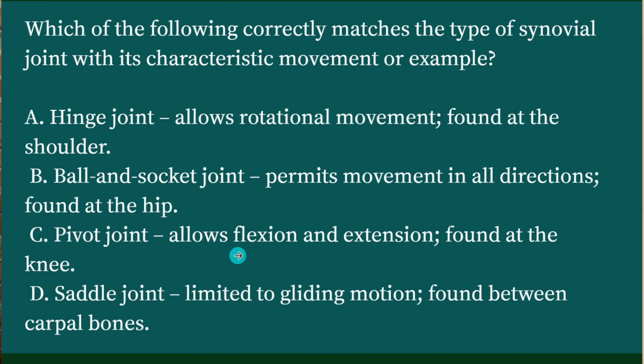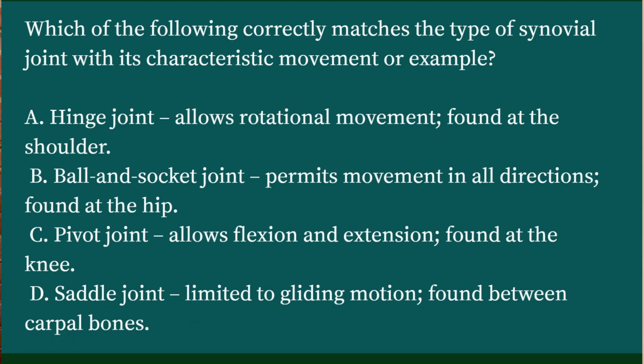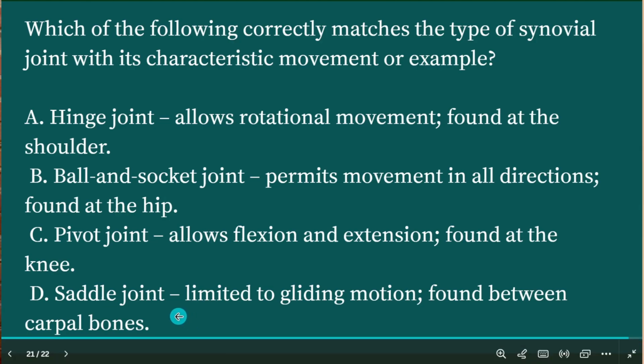C, pivot joint allows flexion and extension, found at the knee. No, the pivot joint was in the atlantoaxial joint, so it allows for full rotation. And then D, the saddle joint, limited to gliding motion, found between carpal bones. So the saddle joint is between the carpal and metacarpal, the first carpometacarpal, that's your thumb.